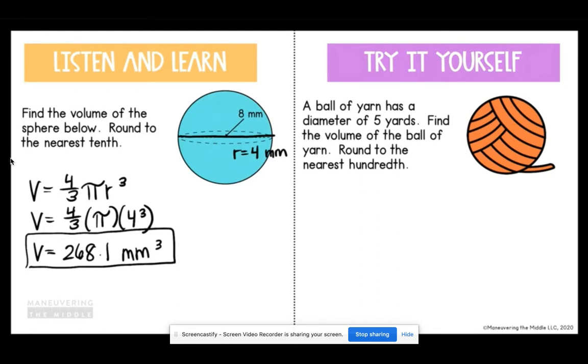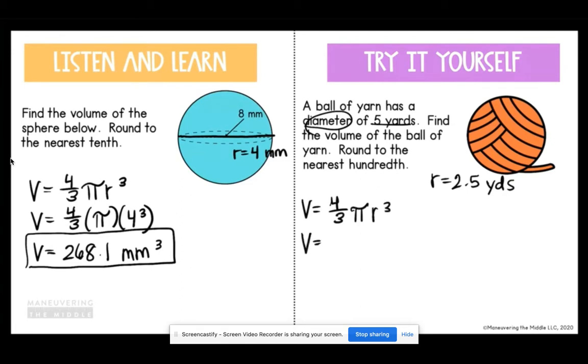Next it says a ball of yarn has a diameter of 5 yards. Find the volume of the ball of yarn, round to the nearest hundredth. So right off the bat, we see that they gave us the diameter, but in our formula, we're going to need the radius. If the diameter is 5 yards, half of 5 is 2.5. So that's what we'll use for the radius. Write out your formula.